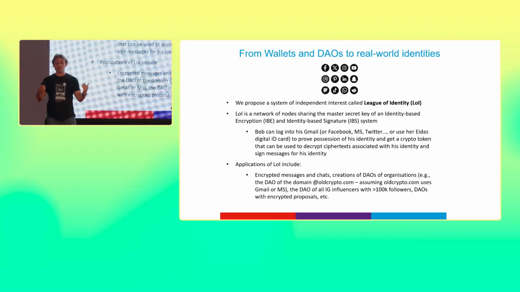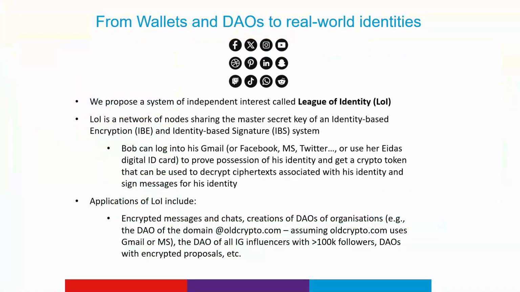We go from DAO and wallet to, we generalize this concept to real-world identity. In fact, last year we also proposed a system of independent interest that is called legal identity, LOI. Legal identity is essentially a decentralized identity-based encryption and signature system. For encryption, we use the Boneh-Franklin CCA2 encryption scheme. So the idea is roughly the following.